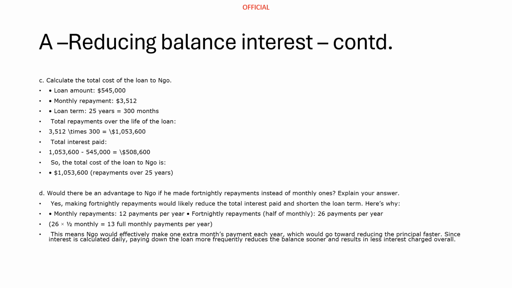But when you do fortnightly repayments, half monthly, you make 26 payments per year, which is equivalent to 13 full monthly payments per year. This means N would effectively make one extra month's payment each year, which would go toward reducing the principal faster. Since interest is calculated daily, paying down the loan more frequently reduces the balance sooner and results in less interest charged overall.